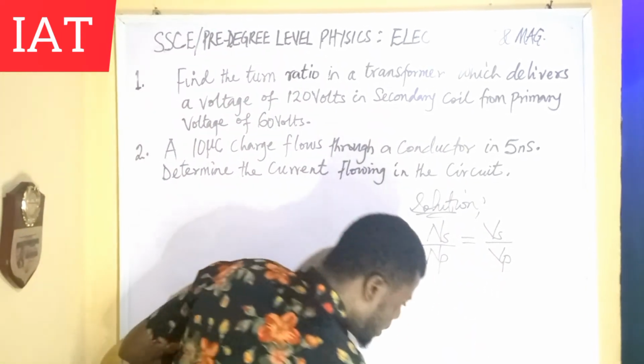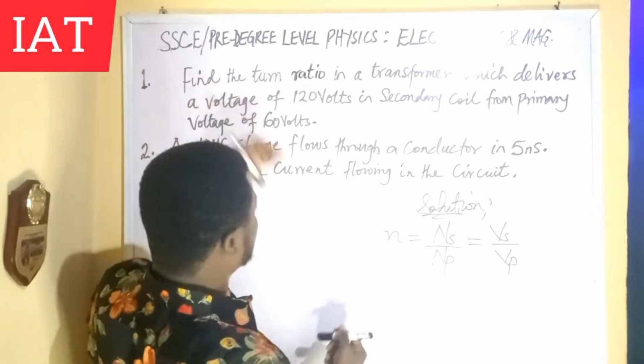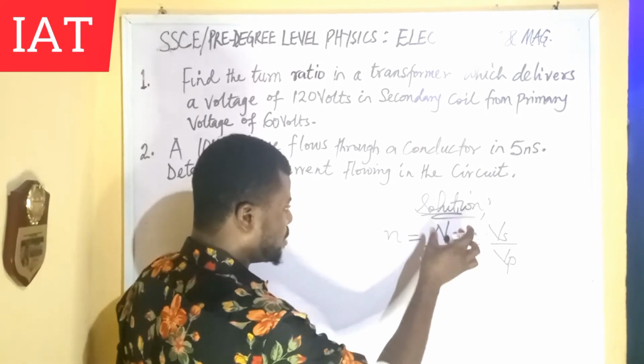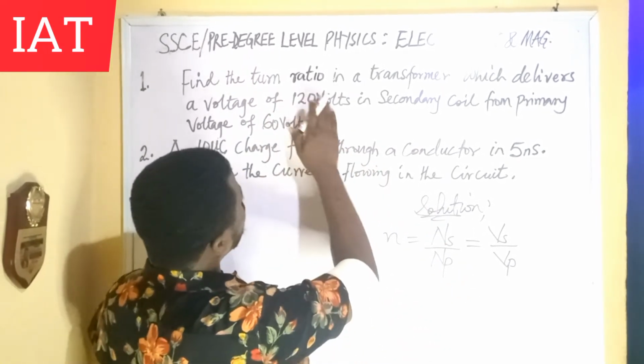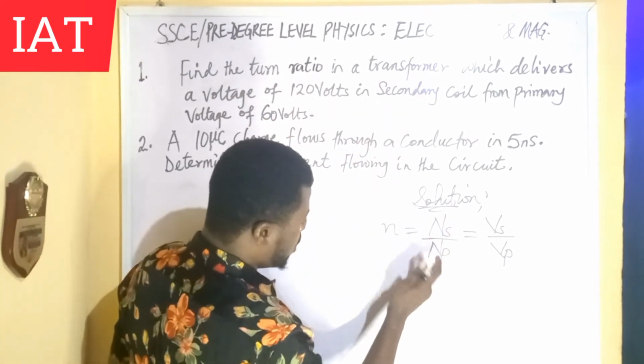All right. So the parameters have been given. If you read through this question, you are asked to find the ratio. And when we say the ratio, we are talking about this over this. Find the turn ratio in the transformer. This is the turn ratio.